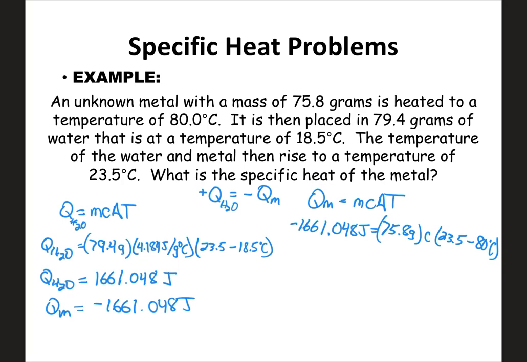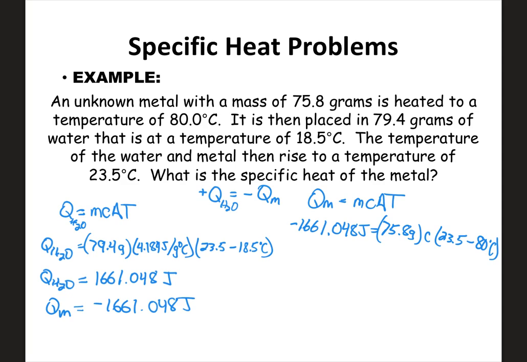Does that make sense? Well, yes, because the metal got colder. So it essentially lost temperature. Not to mention the negative from your temperature change would cancel with the negative for your Q here, and that would give you a positive specific heat. You can't have a negative specific heat. So now you just got to do your math and solve for C.